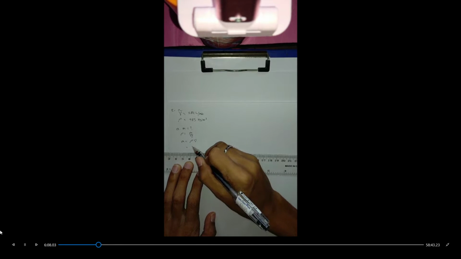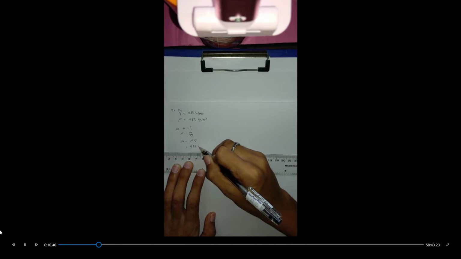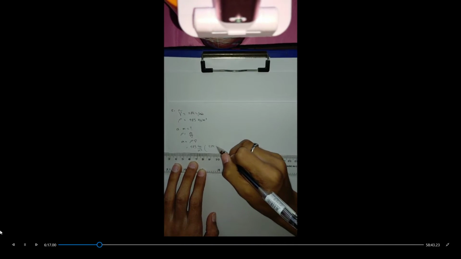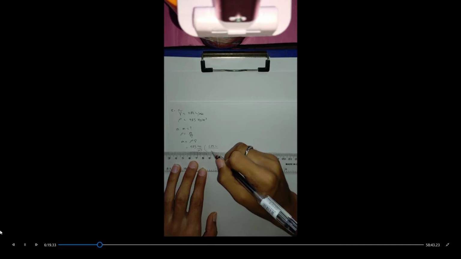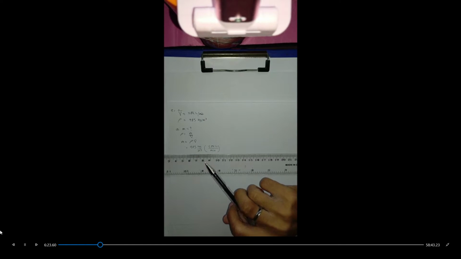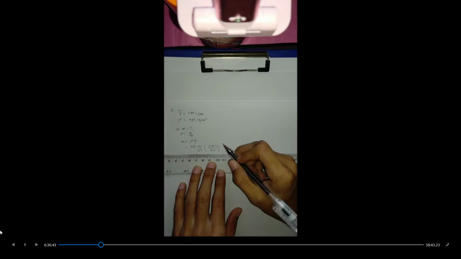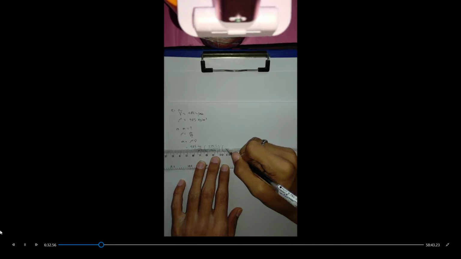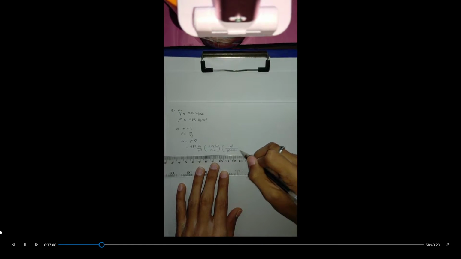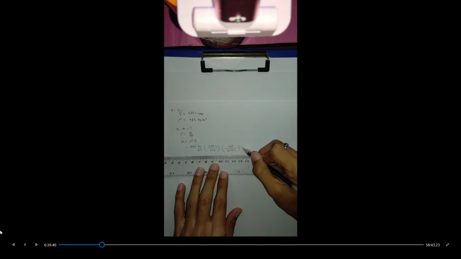Density is 985 kilograms per meter cube, and the volume flow rate is 284 liters per minute. Since the two units for volume are not uniform, meter cube and liters, we convert liters into meter cube, where 1 meter cube is equivalent to 1000 liters.